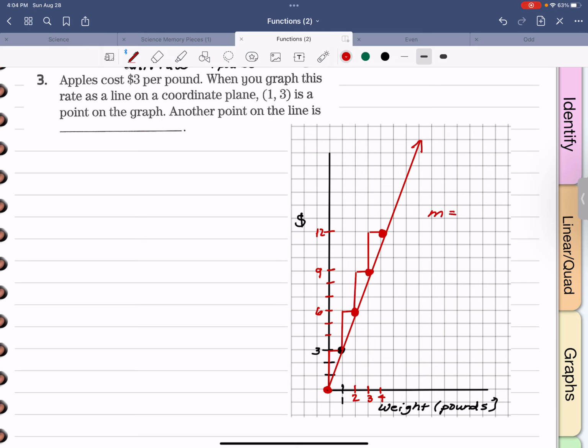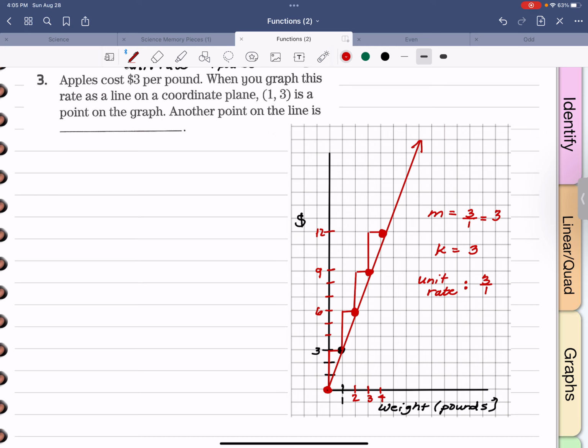The slope is 3 over 1, or 3. Because it does pass the 0, 0 test, the constant of proportionality is 3, and the unit rate is 3 to 1.